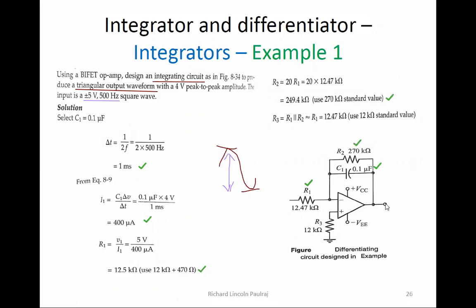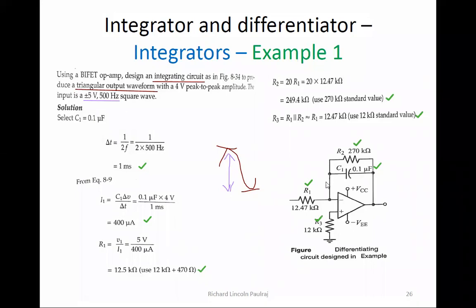The only one remaining is R3. I can take R3 equal to R1, or I can take the parallel combination of R1 and R2, R1 R2 divided by R1 plus R2, and I'll get about 12.47. In this way, I have got my R3 as well.